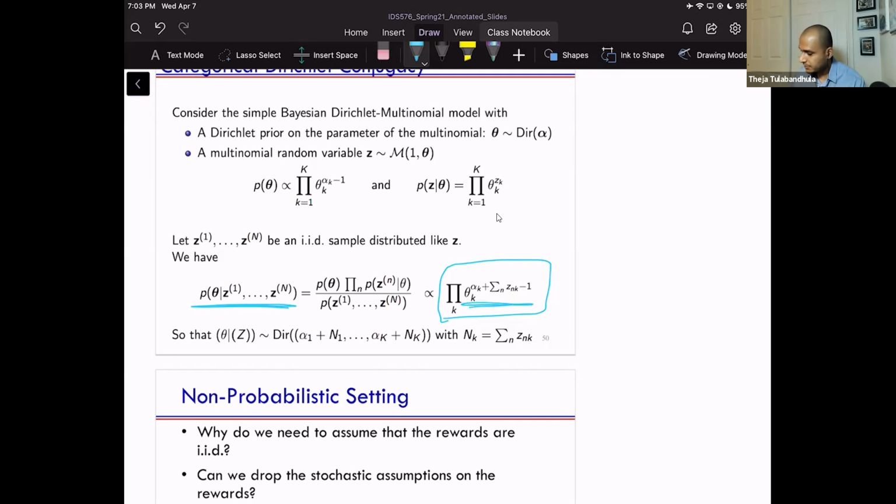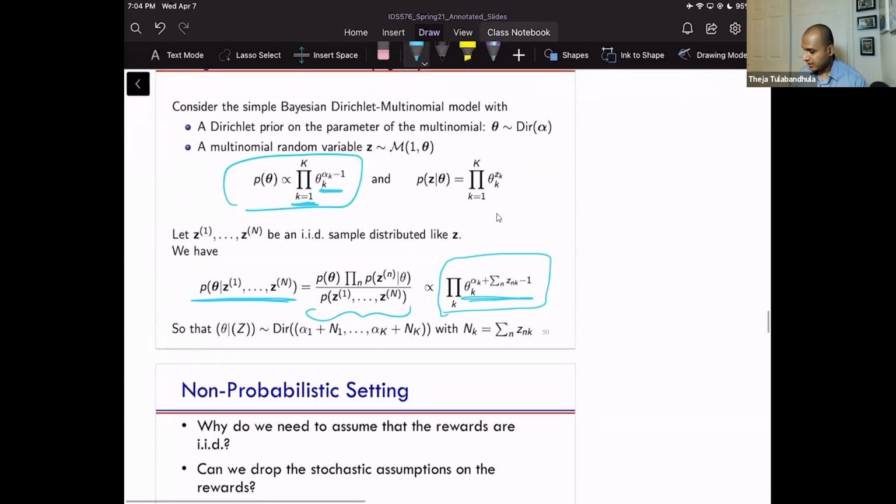But you can see that the prior is also a product of a bunch of thetas. In fact, if you compute this right hand expression, because of the similarity of this functional form, you can say that the posterior distribution is also a Dirichlet distribution, also Dirichlet with some alpha nu.